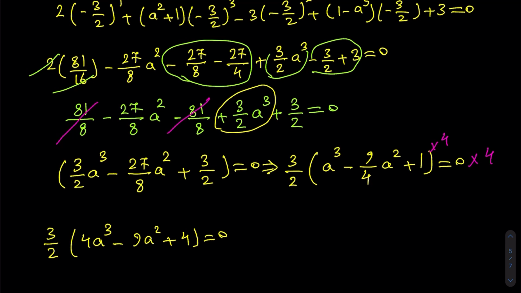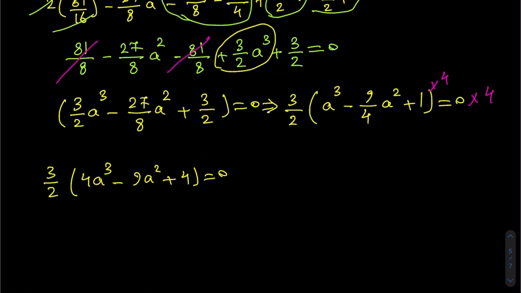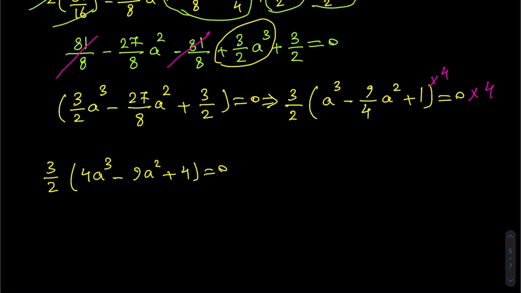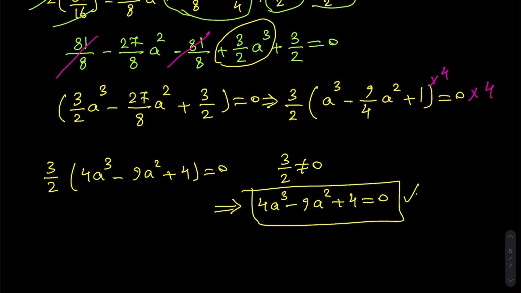As you see in this equation, 3 over 2 cannot be equal to 0 because it's a number. Therefore, we conclude that 4a to the power of 3 minus 9a to the power of 2 plus 4 must be equal to 0, because this multiplication will give the 0 product.